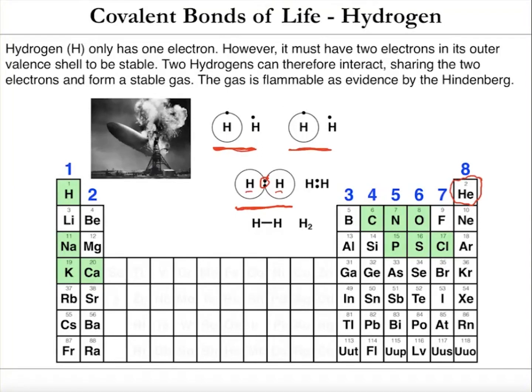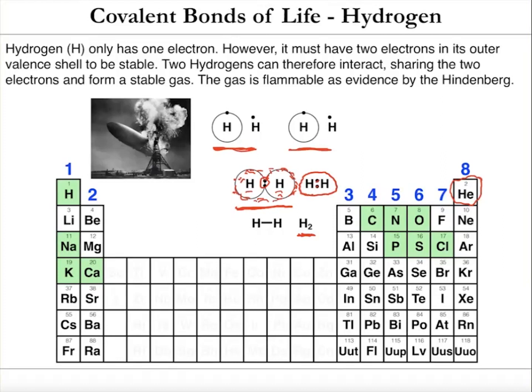These two electrons can actually exist all around these two protons in this hydrogen gas, which is just written as H2 because there are two hydrogen atoms in it. This can also be depicted like this, showing that the hydrogens are sharing these two electrons. This is what's called a covalent bond.